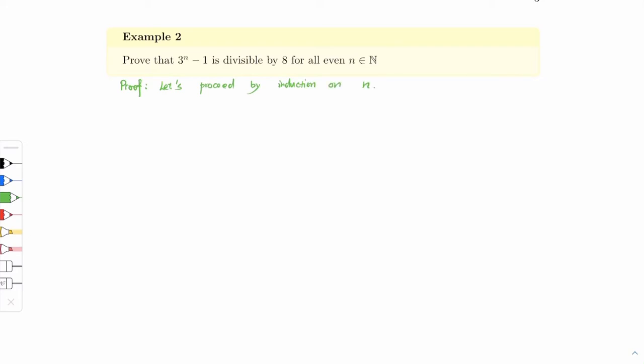Okay, so let's talk about the base case first. Since our n is a natural number, natural means you start from 1, 2, 3, 4 and continue. And they said it's an even natural number. So that means 1 is not our base case anymore, because 1 is not an even number. So our base case starts with 2.